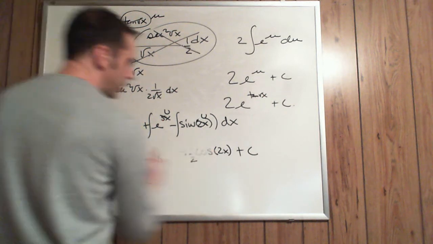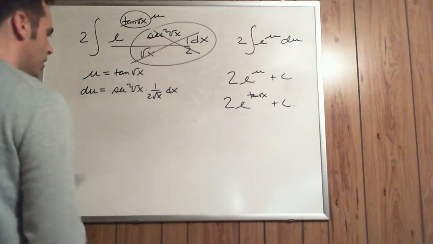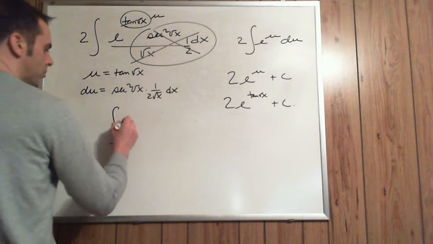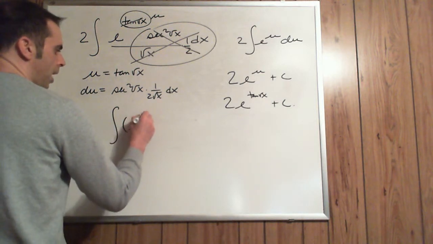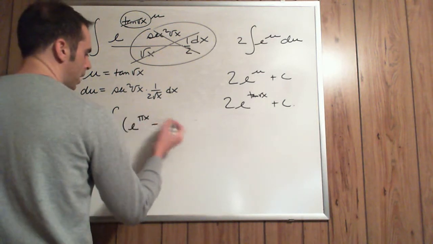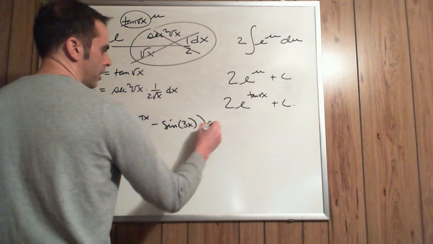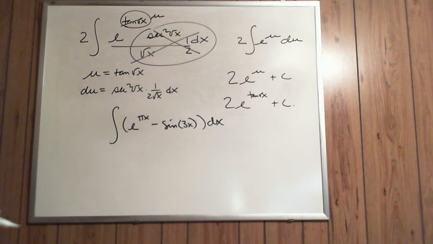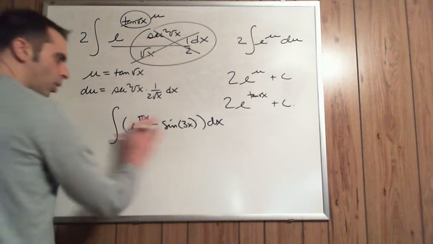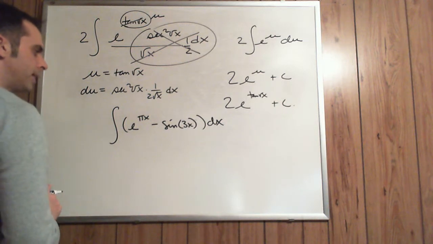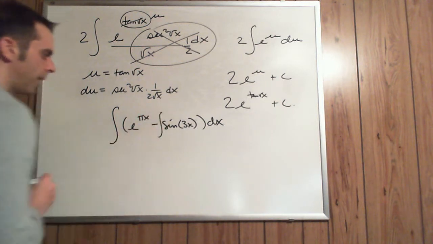Okay. Another one again to look for is something like this. Just the indefinite integral of e to the pi x minus sine of 3x dx. Obviously we don't know of a form that would match this as a whole quantity, but individually, yes, we could split this up like that.